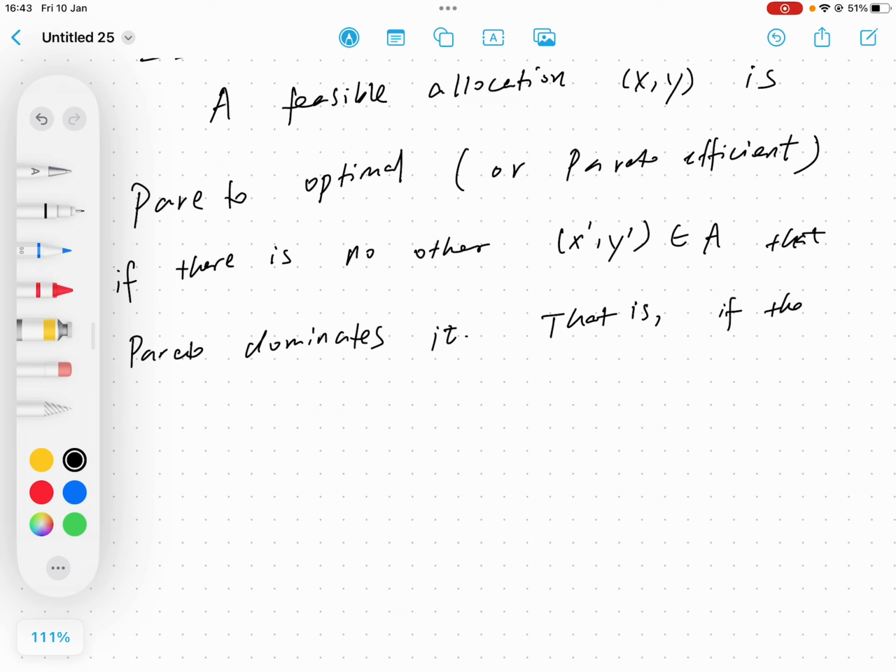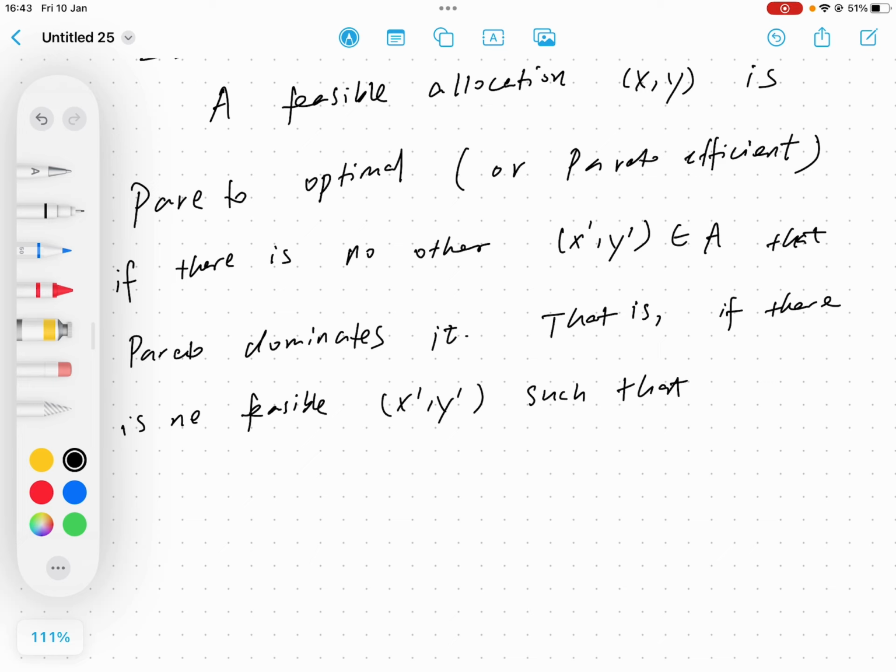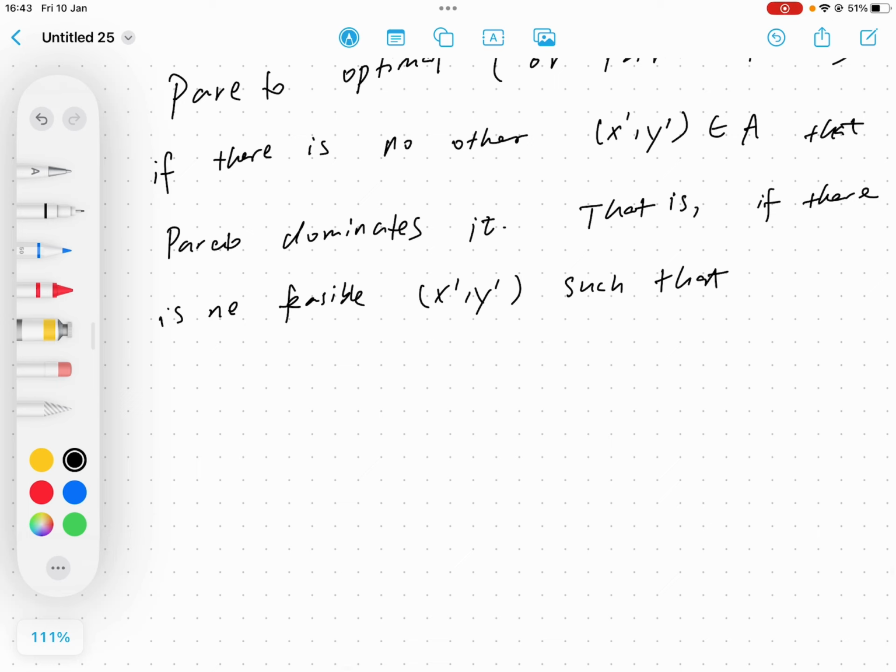The meaning of Pareto dominance or Pareto efficiency is that there's no other feasible x prime, y prime, such that for every person i, the consumption xi prime is at least as good as, weakly preferred to, xi for all i, and at the same time, for some other people, we have the strict preference over xi for some i.